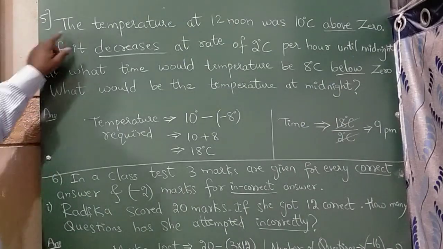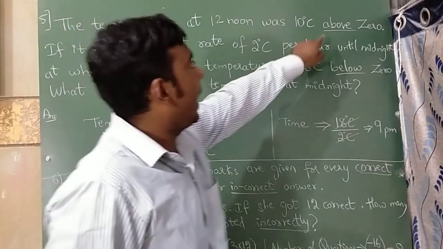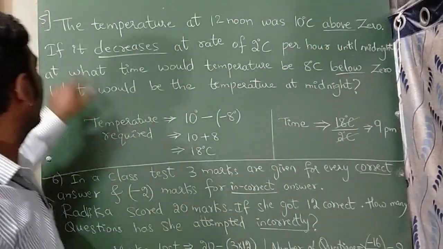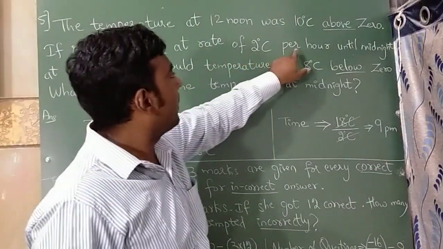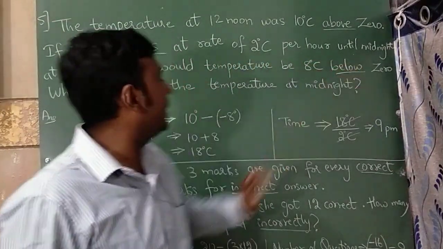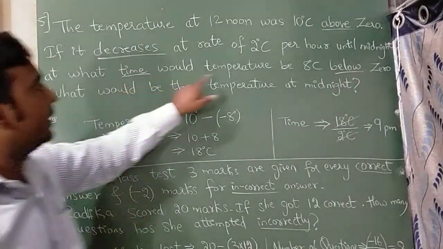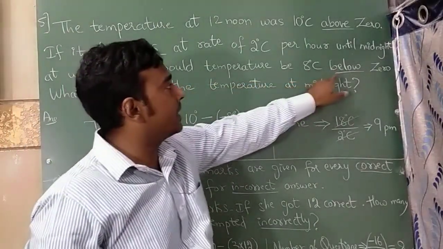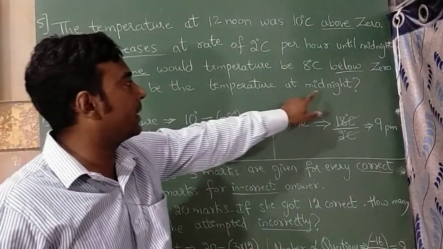Now fifth question. The temperature at 12 noon was 10 degrees above 0. If it decreases at the rate of 2 degrees per hour until midnight, at what time would the temperature be 8 degrees Celsius below 0? What would be the temperature at midnight?